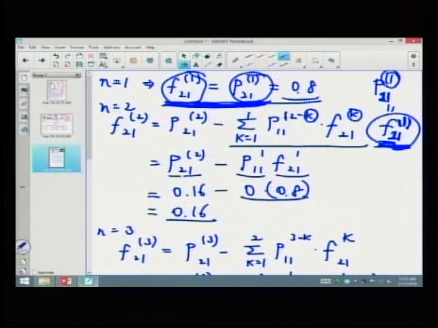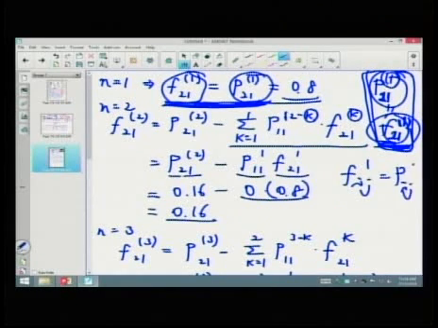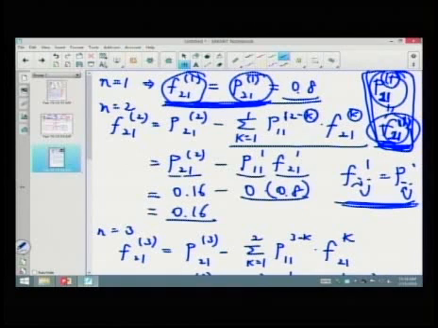Is that right? If you consider the one-step probability matrix, then this is always the same. F sub ij to the power 1 is always the same as P sub ij to the power 1, because we just consider the one-step transition probability, a one-day forecast.